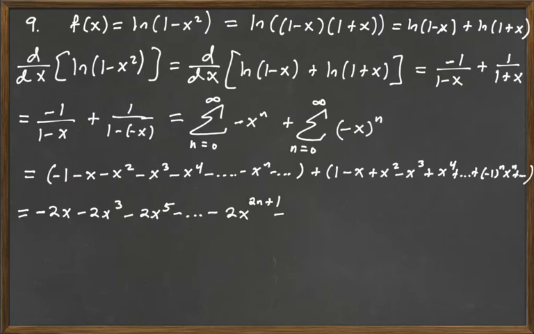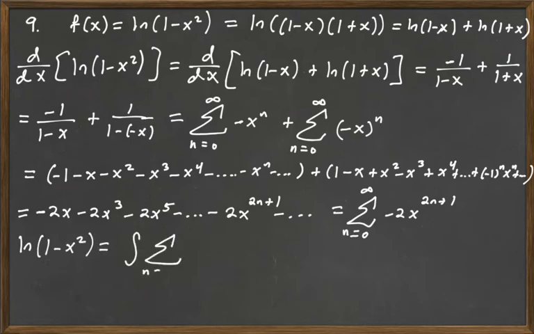So the 2n plus 1 is just a way of representing a generic odd power somewhere out there, etc. And we'll write this as the sum n equals 0 to infinity of negative 2x to the 2n plus 1. So that's what the derivative of the natural log of 1 minus x squared is.